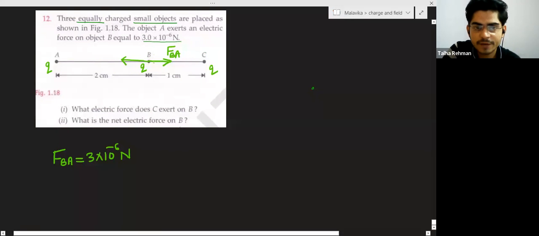So I will represent this force on charge B due to charge C, and this is what we have to find.